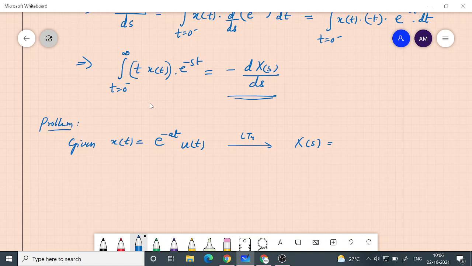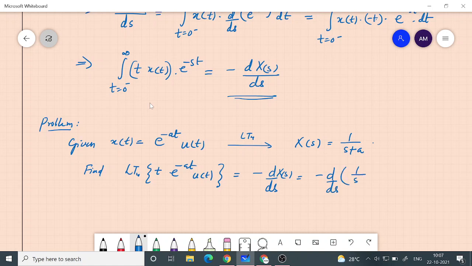X(s) is 1 by s plus a, which is known to us. So we can easily find the Laplace transform of t into e raised to minus at u of t. This is equal to minus d by ds of X(s), which is minus d by ds of 1 by s plus a.